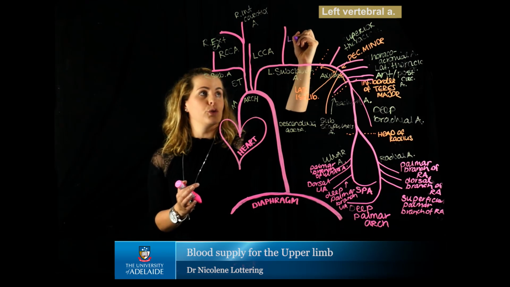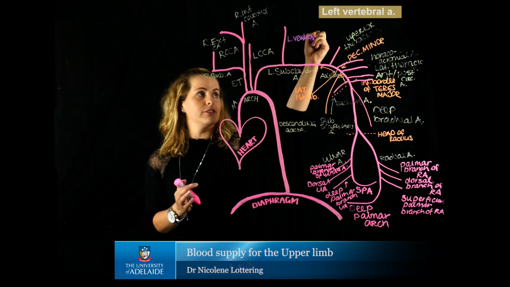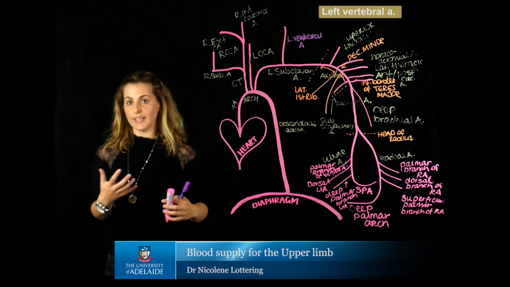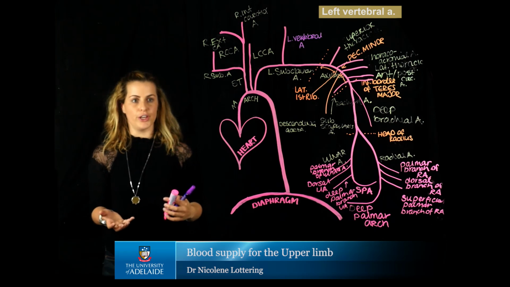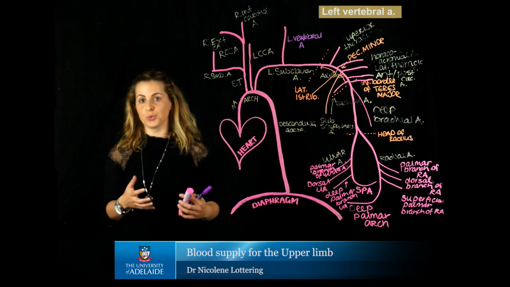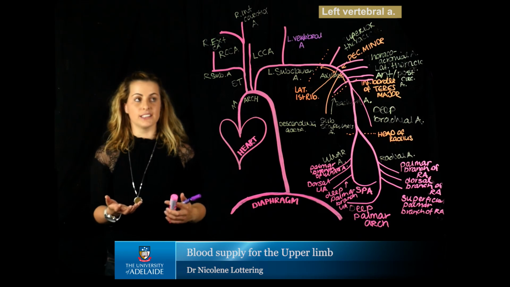So we have the left vertebral, and the vertebral arteries are actually going through the intervertebral foramina in the cervical vertebrae, entering through the foramen magnum, and then are going to contribute towards the blood supply of the posterior parts of the brain.